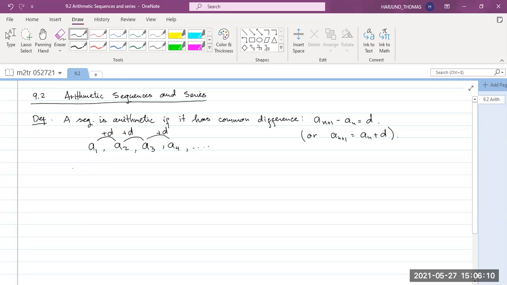The sequence looks like: the first term, the second term is the first term plus d, the third term is the first term plus twice d, the fourth term is the first term plus 3 times d. You jump 3 times. Such that the nth term is basically the first term plus n minus 1 times d.